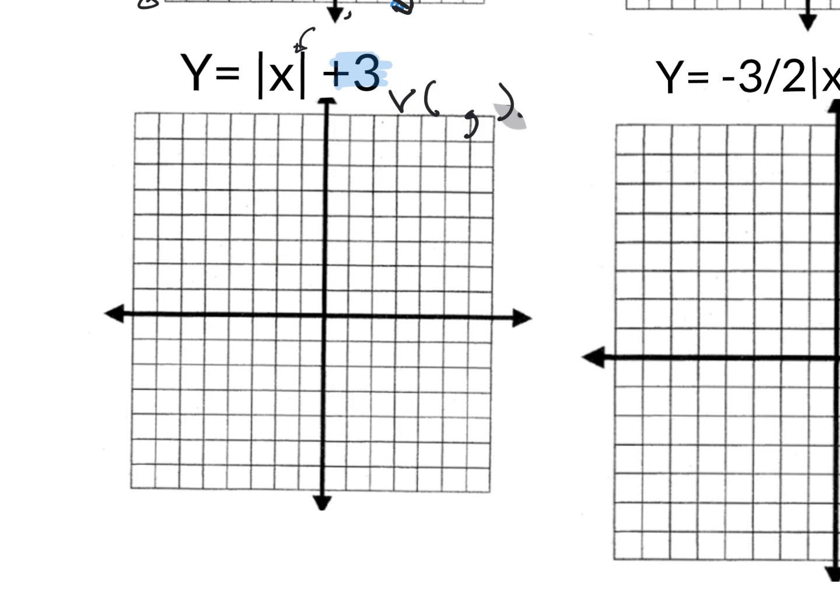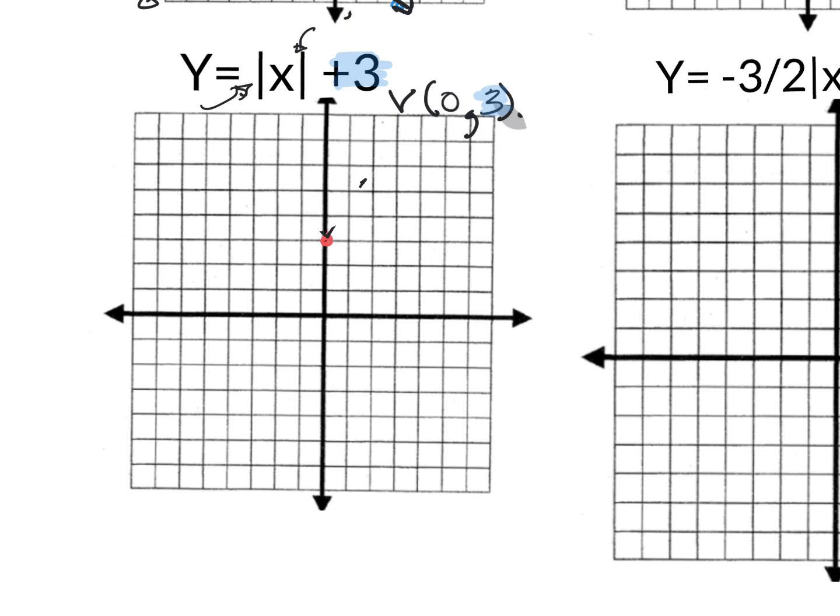Our new vertex is going to be at (0, 3). We didn't shift it to the right or to the left, we just shifted it 3 up. There is no negative out front, so there's no reflection, which means the V is going to be opening up.